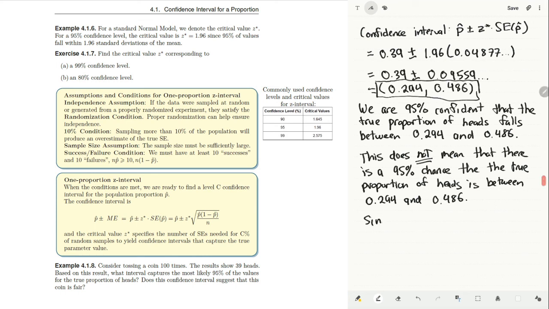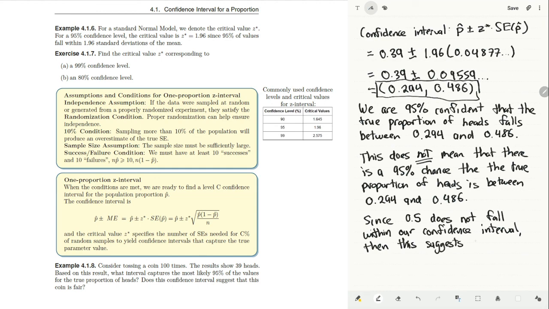So since 0.5 does not fall within our confidence interval, this suggests that this coin is not fair.